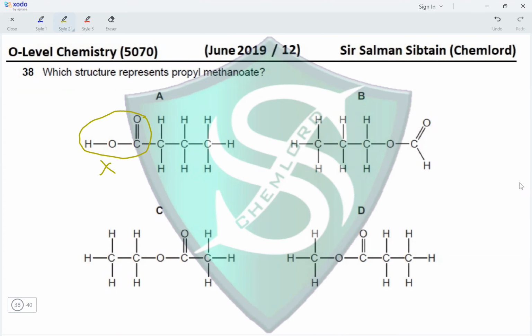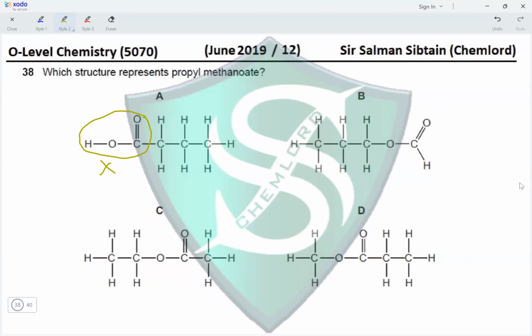Now, the next step is, it says propyl methanoate. That means the part attached to the single bonded oxygen should have 3 carbon atoms, and the part attached to the C double bond O group should not have any carbon atoms present, because that C double bond O carbon is the only carbon in methanoic acid from which methanoate is formed.